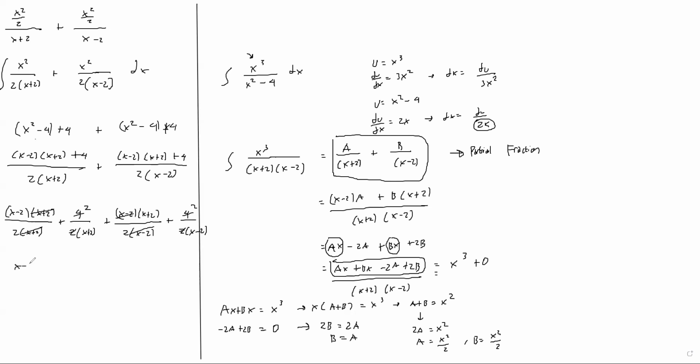So we get x minus 2 over 2, and then plus 2 over x plus 2, and then added again by x plus 2 over 2 plus 2 over x minus 2. Now we want to integrate these 4 fractions right here. So that's the first step that we need to do before we do the integration of this question right here. Now I'm going to erase this one right here.